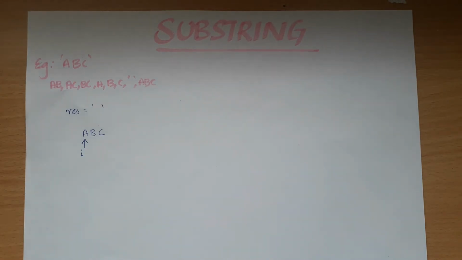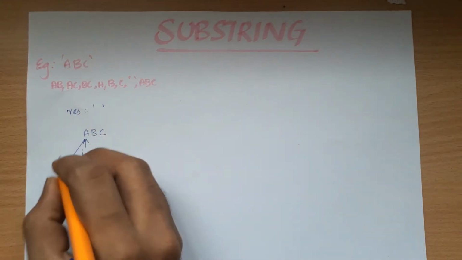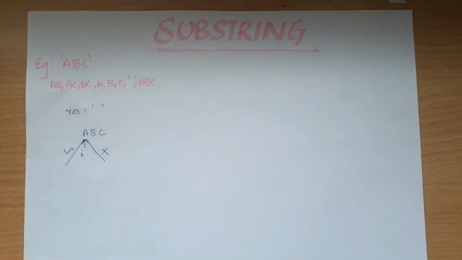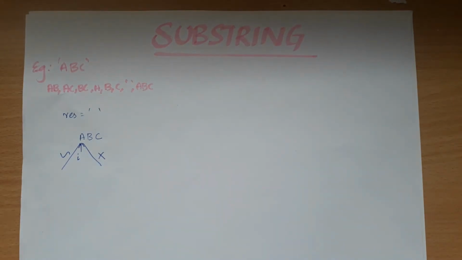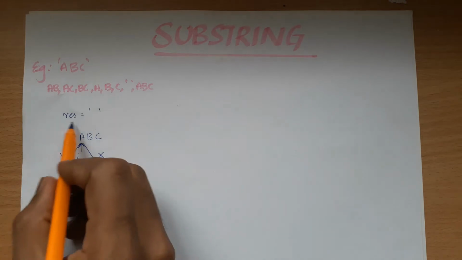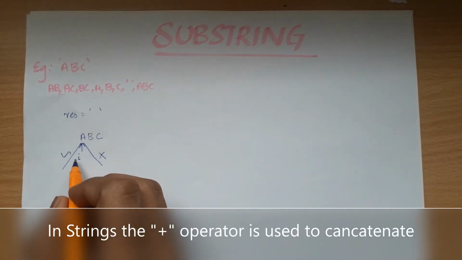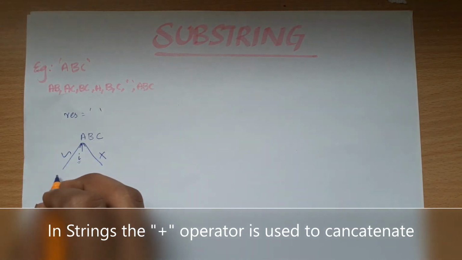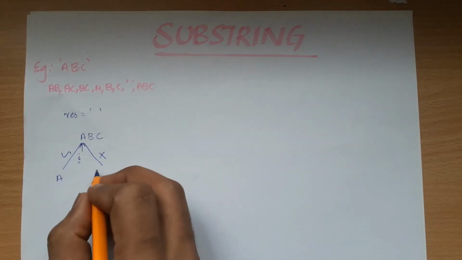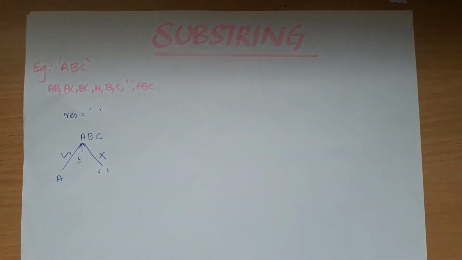Now we'll have to make a decision: whether we include it or not. Let's say we include it, or in this case we concatenate it to the result string. If we concatenate the element pointed to by I, then result will become A. If we don't, it will remain as an empty string.